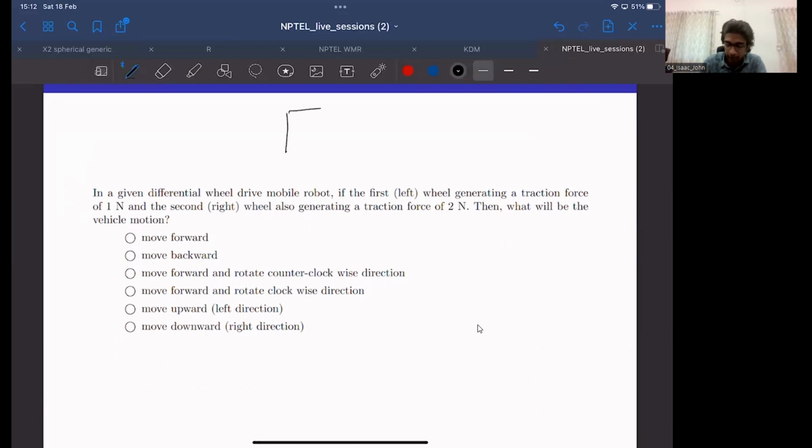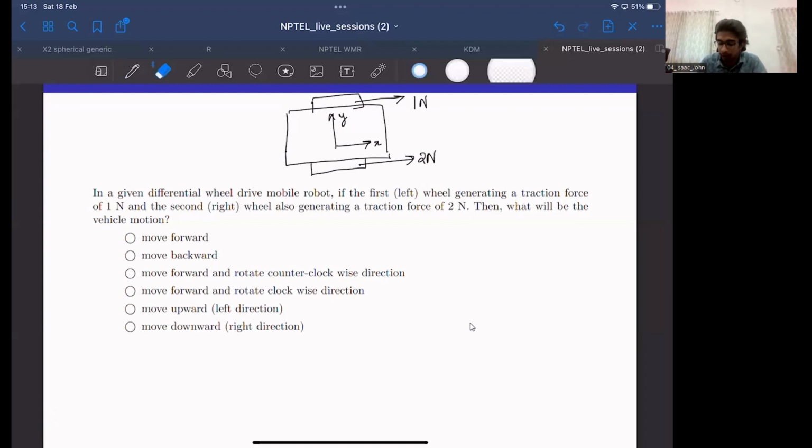Again, based on intuition, it will be fairly straightforward to see in what direction the robot would be moving. This is the body fixed frame, x-axis, y-axis. The left wheel is generating a force of 1 newton and the right wheel a force of 2 newtons. So based on your intuition, what direction would the robot be moving?